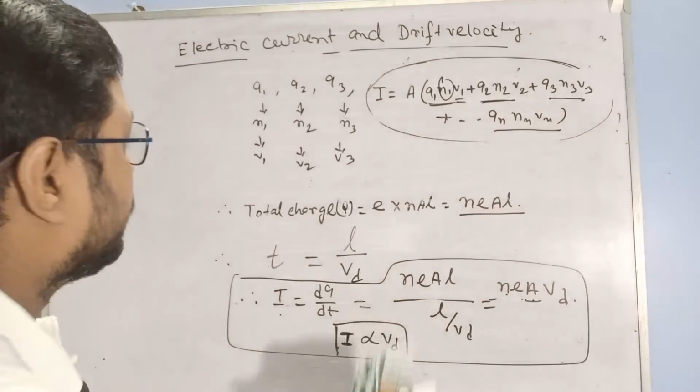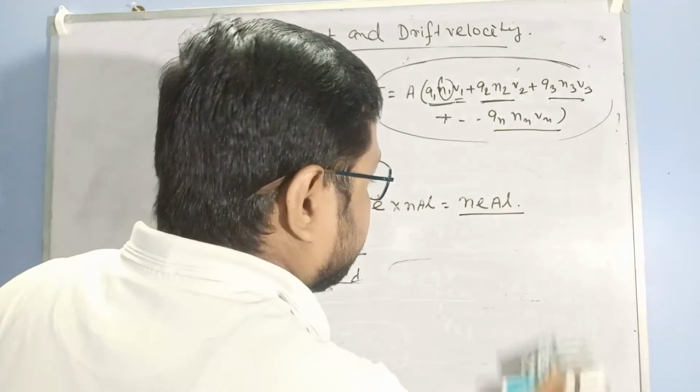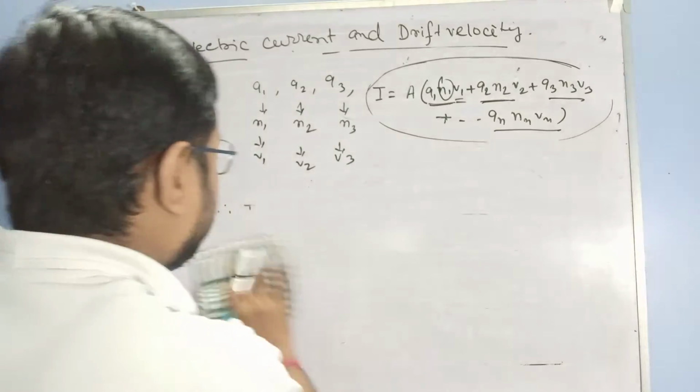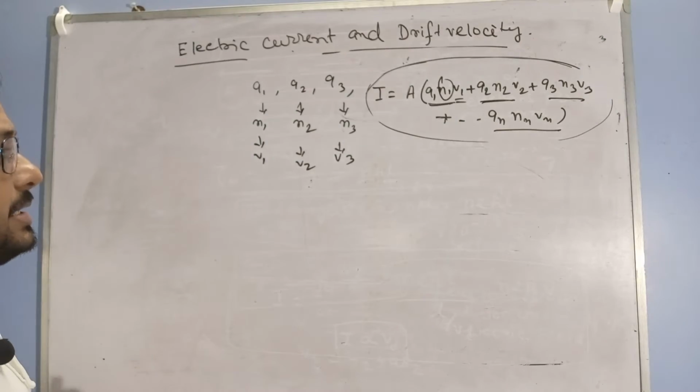Next, we can show what mobility and current density are. What is mobility and current density?